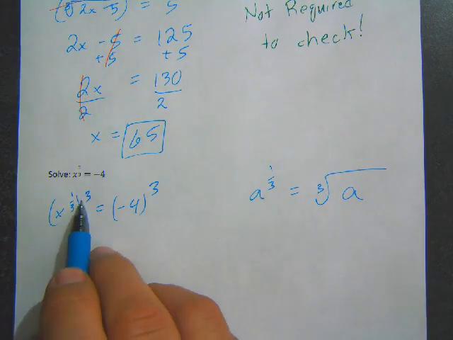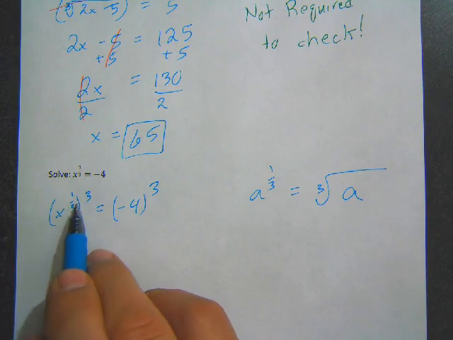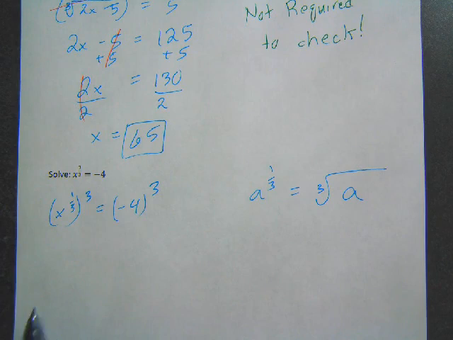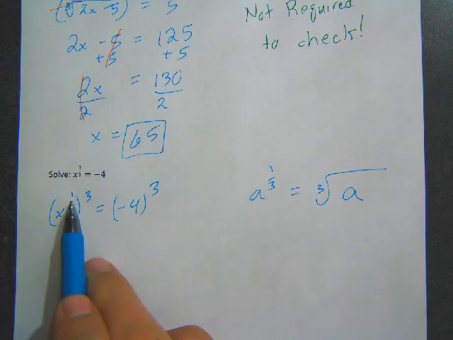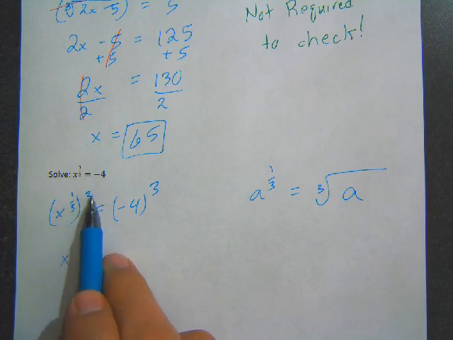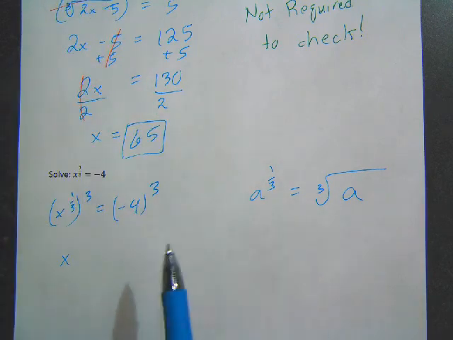Notice here that since this is a power to another power, remember the rule is that we use the power rule where we multiply the powers. Well, what's 1/3 times 3? 1/3 of 3 is 1, so this becomes x to the first, or just x. So if you ever have a fraction power, you just multiply by whatever's going to get rid of the fraction. So 1/3 times 3 gets rid of the fraction, just like we saw up here, the cube root and the cube canceled.